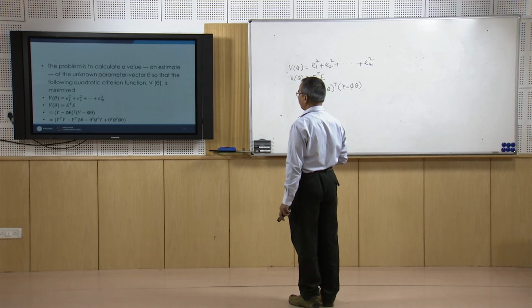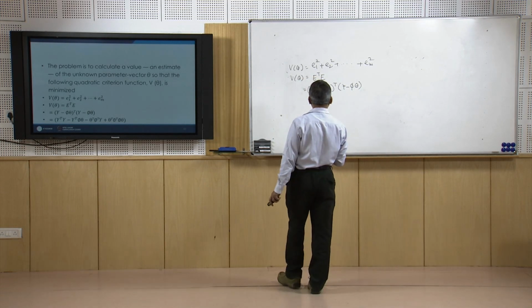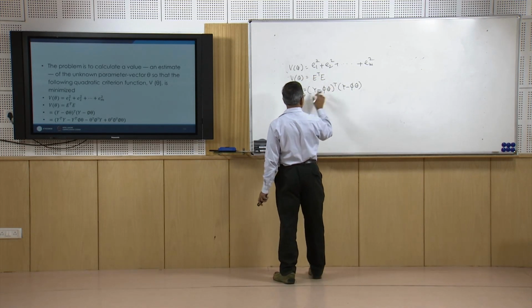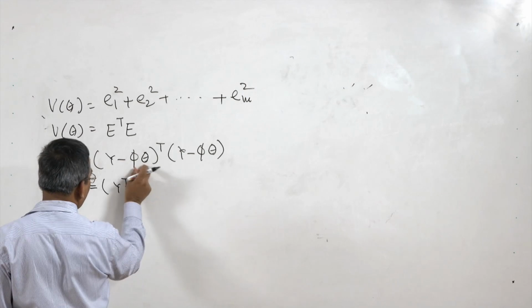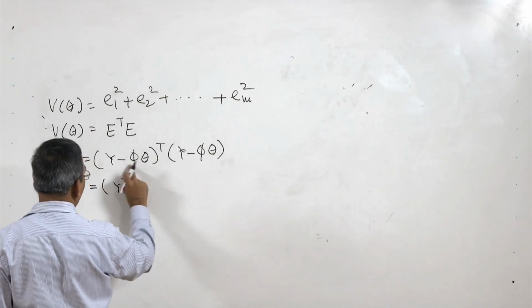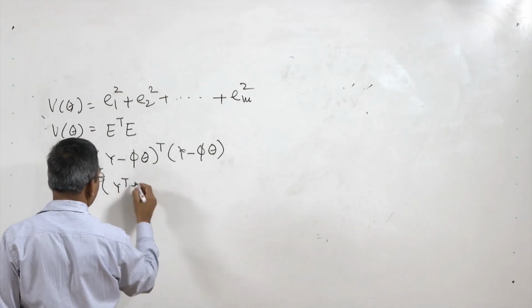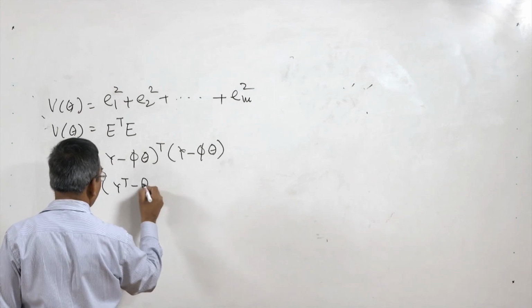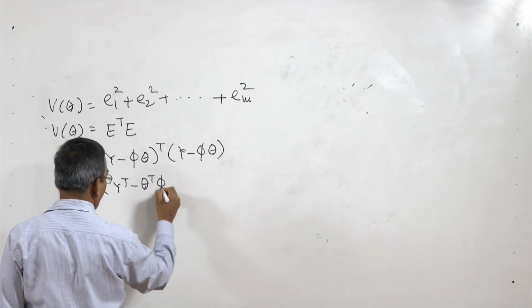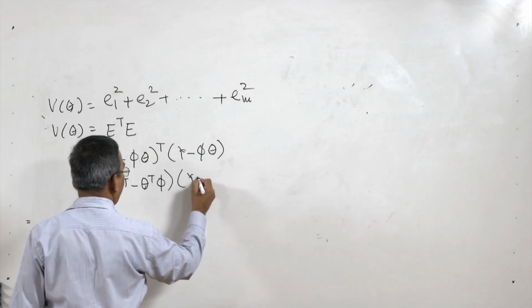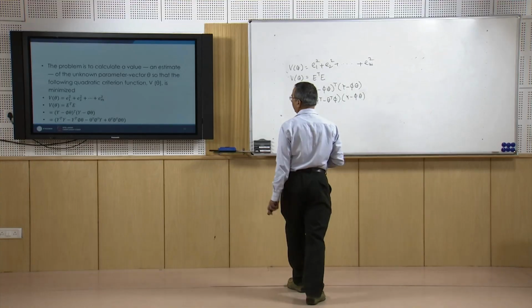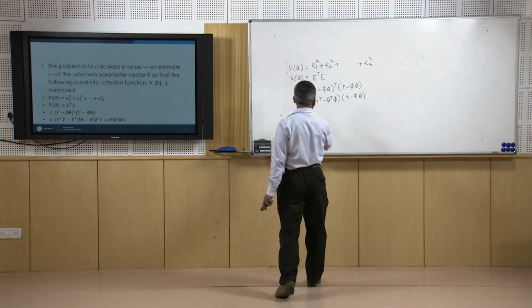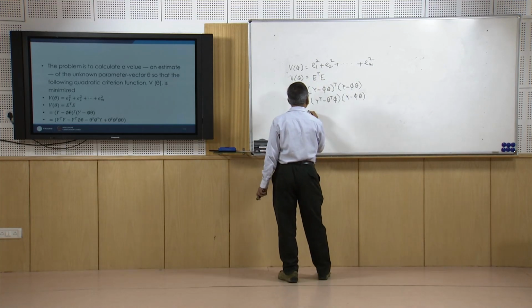So, this is possible, and now when we take the transpose inside, I will get y transpose, and here the transpose order will change. So, this will be minus theta transpose phi transpose into (y minus phi theta). So, this is what we get, and now we can do this multiplication.